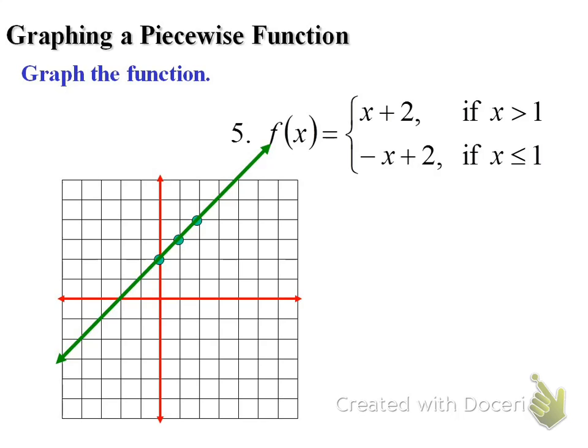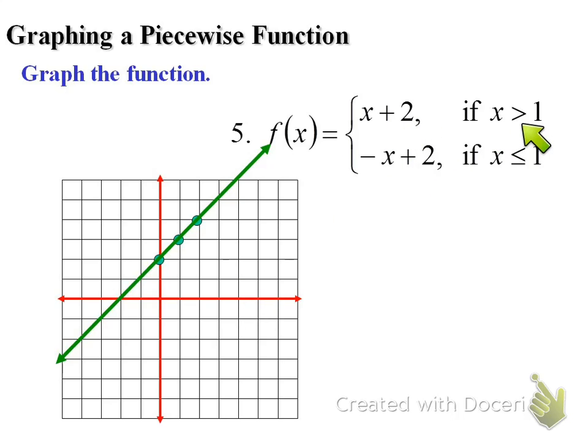But this is this function without these parameters. However, I need to consider these parameters. This is only the function I'm using when x is greater than 1. So, x is greater than 1 past this point on the x-axis, right? Here are values like 2, 3, 4, 5. That's the time when we would use this function.